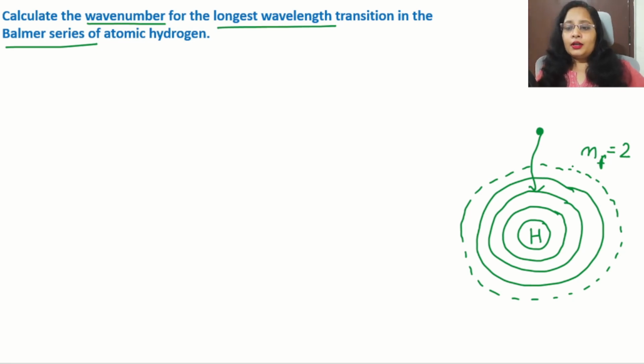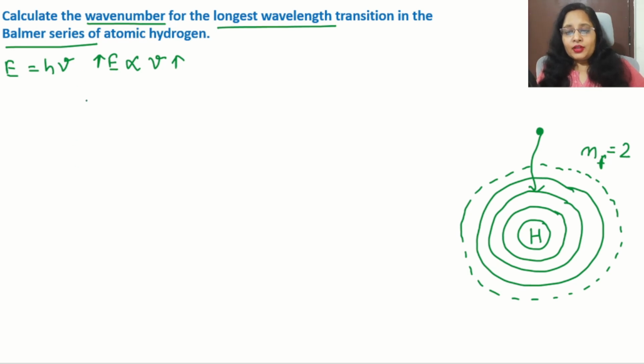Now let's understand the longest wavelength. We will understand this with the help of the equation E is equal to h mu. In this equation, E is the energy, h is Planck's constant and mu is the frequency. From this equation, we have a relation between energy and frequency: E is directly proportional to mu. It means if the energy is increased, frequency will increase, or if the frequency is decreased, energy will decrease.